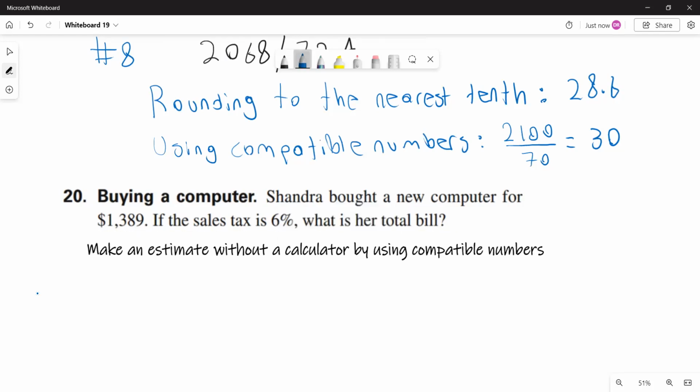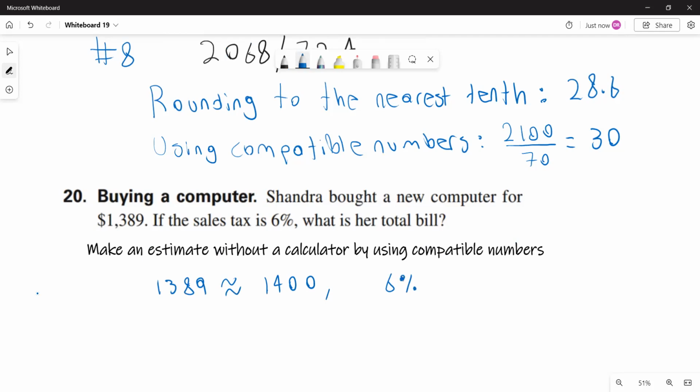Okay, so using compatible numbers, 1,389 is going to be approximately 1,400. So the tax is going to be 6%. Every time we do arithmetic with percents, we need to convert this to decimal.